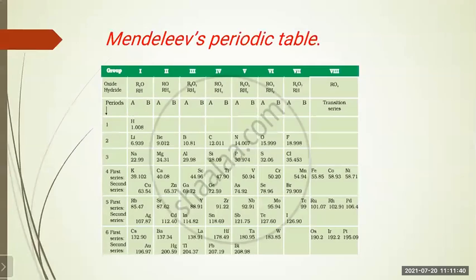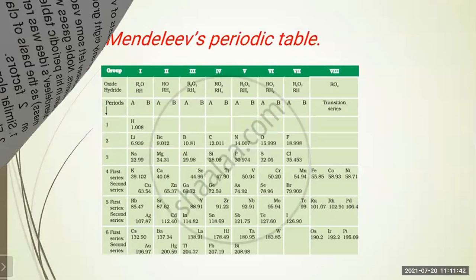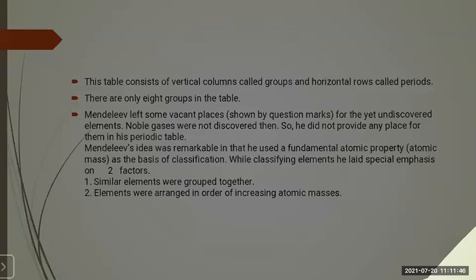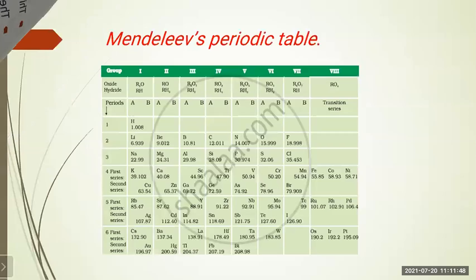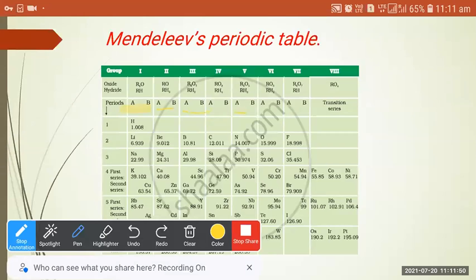So here in the table you can observe the A subgroup and B subgroup till the seventh group. Mostly the group A elements are the normal elements and group B are the transition elements.